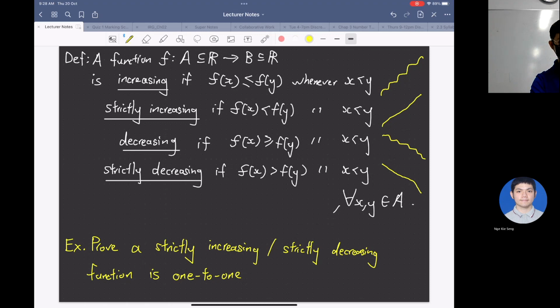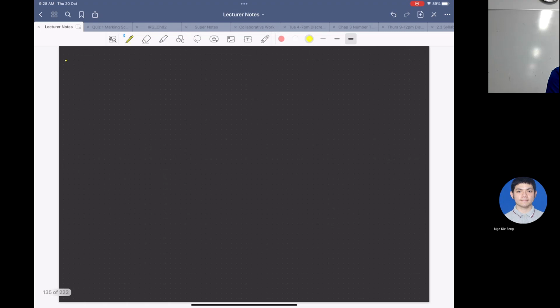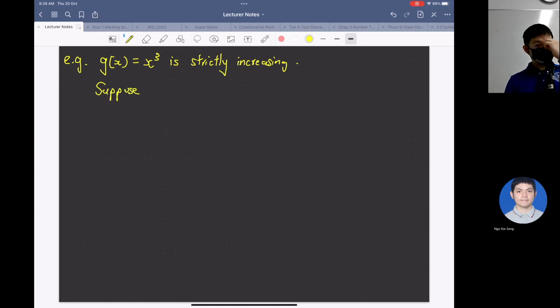So maybe I show you why g is strictly increasing. So the claim is g is strictly increasing. So I break into two cases because real numbers behave differently in negative and positive with the inequalities.